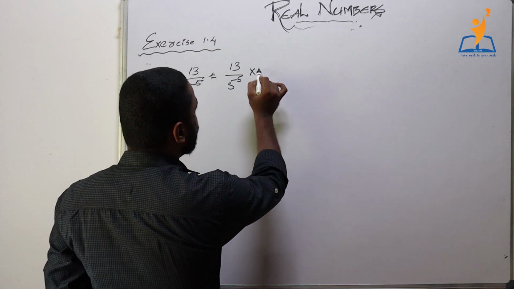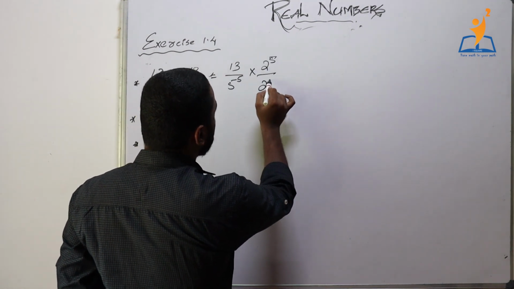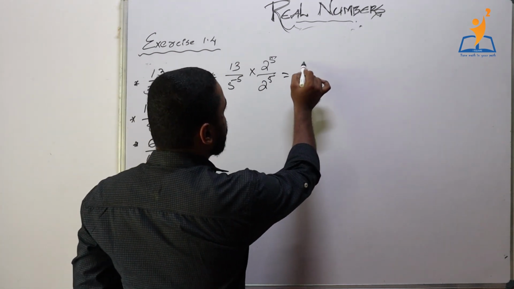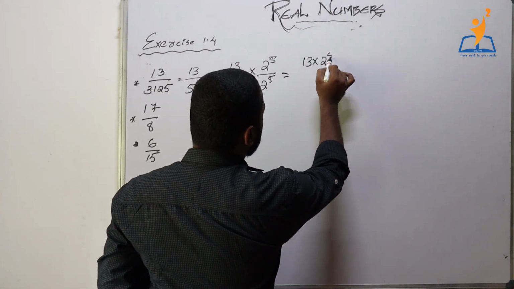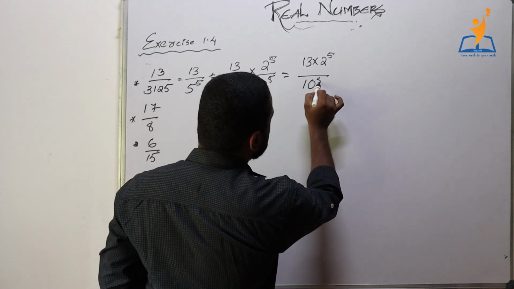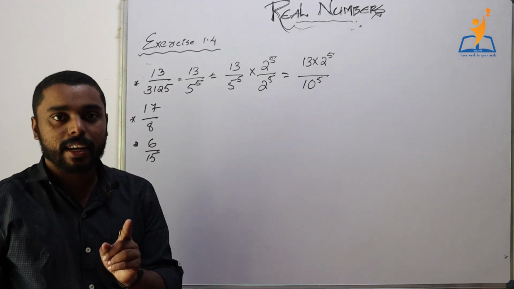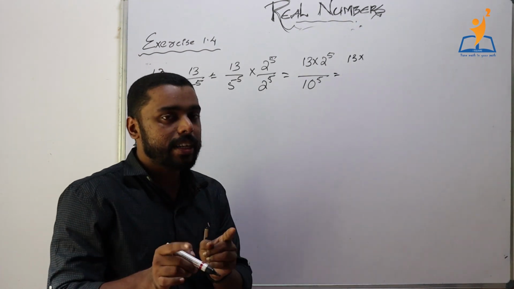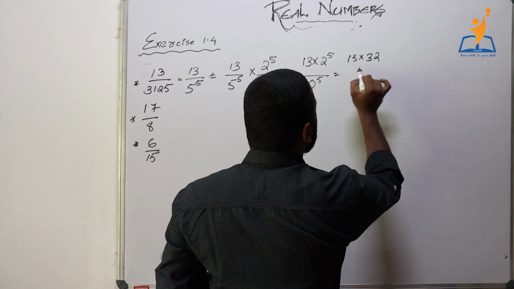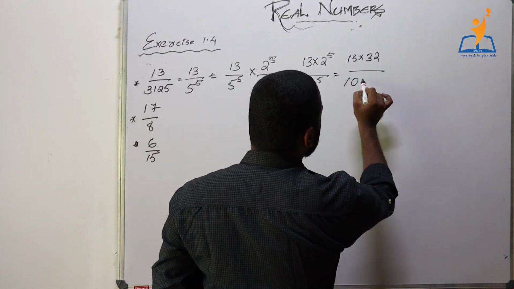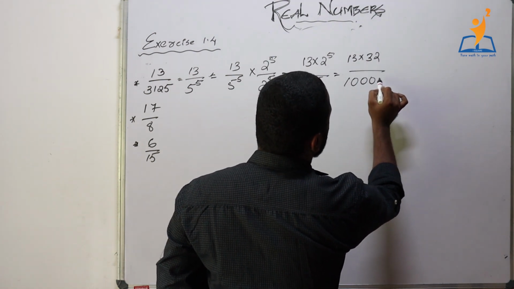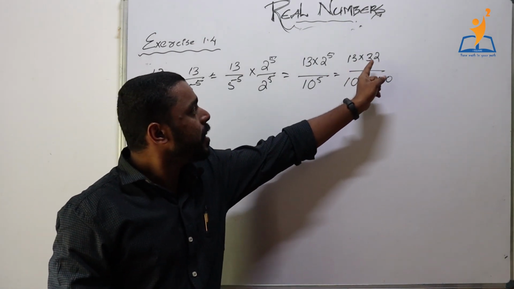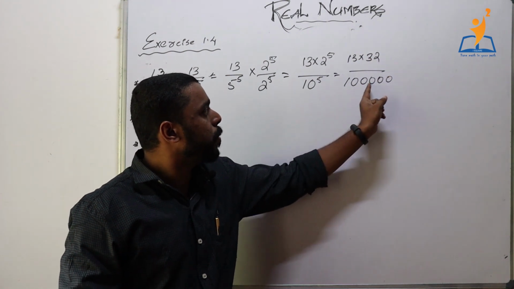We multiplied the denominator as well as the numerator by 2 raised to 5. It is equal to 13 into 2 raised to 5 divided by 10 raised to 5. 13 into 2 raised to 5 is nothing but 13 into 32, divided by 10 raised to 5, which is 1 lakh.